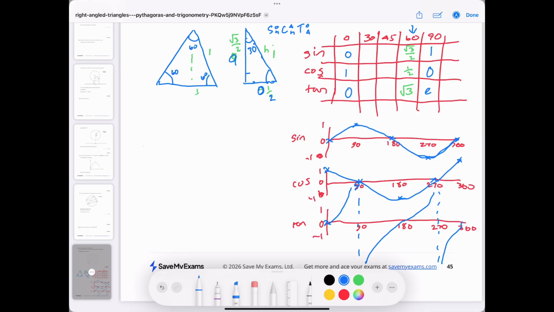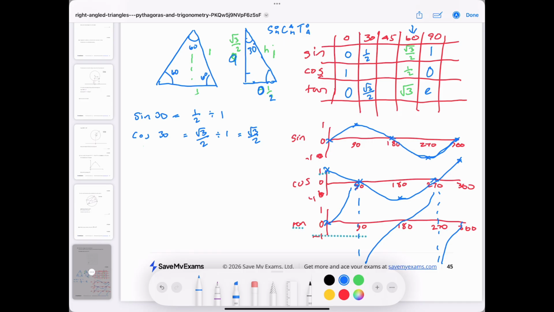So sine of 30 equals half divided by 1, so opposite over hypotenuse, which is half. Cos of 30 would equal adjacent over hypotenuse, which is root 3 over 2.